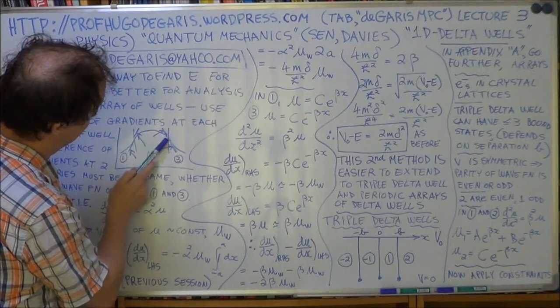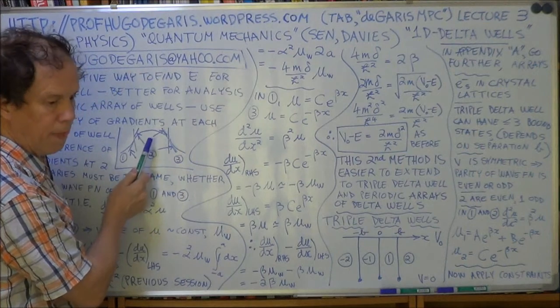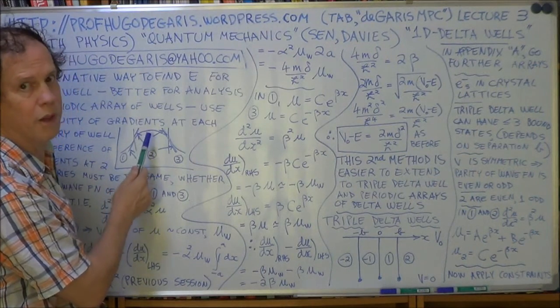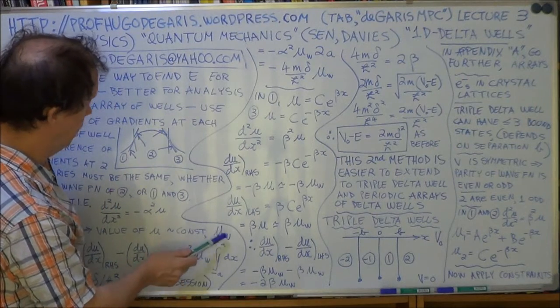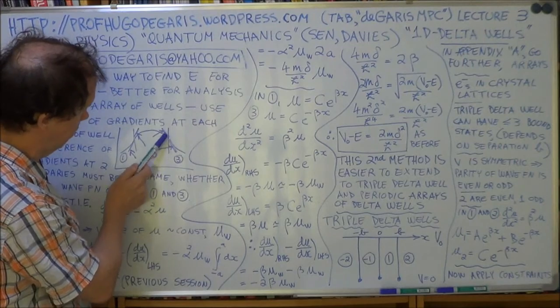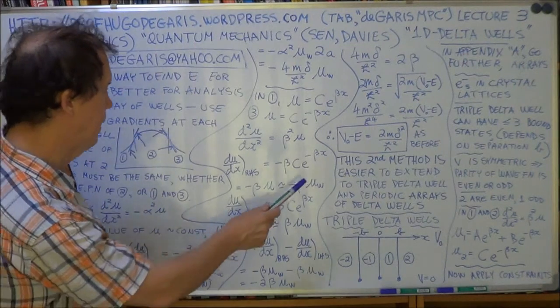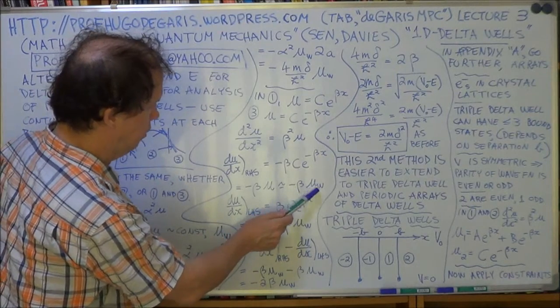Now this width got so small, we said effectively the value of u would be pretty well a constant, uw. Therefore the value of u at this point must also be this. So we can rewrite this as minus beta uw.